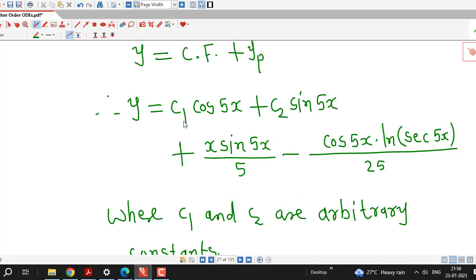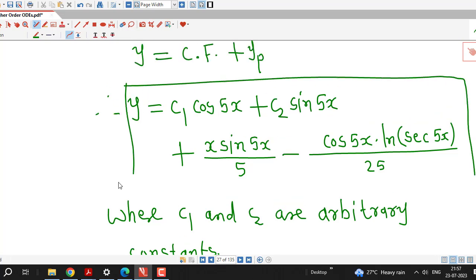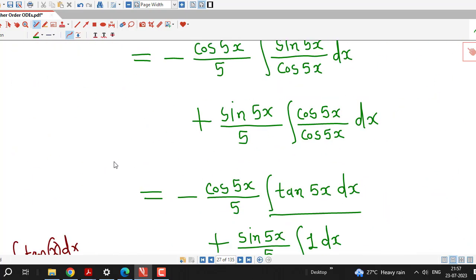So this is the final general solution of the given non-homogeneous linear differential equation with constant coefficients using the method of variation of parameters.